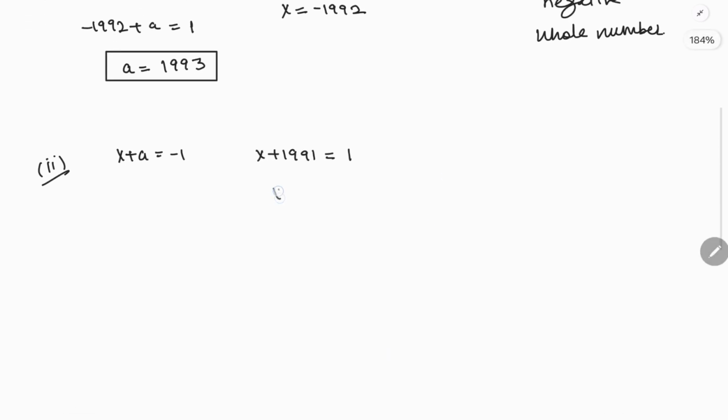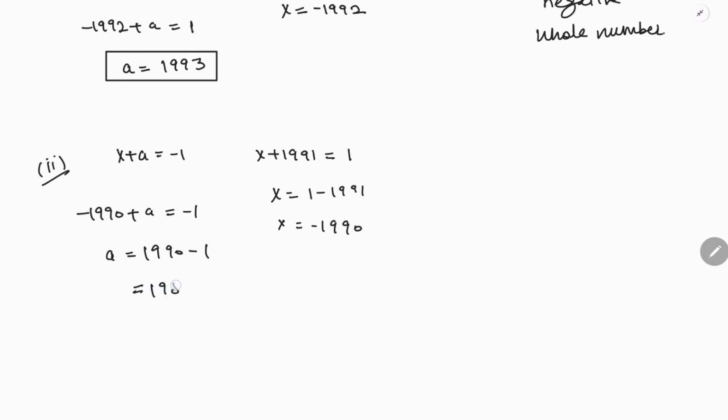And from this case, you will see x is equal to 1 minus 1991. That is minus of 1990, right? So what is x here? Minus of 1990 plus a is equal to -1, right? It will become this and it will give you 1989. So a can either be 1989 or 1993, right?